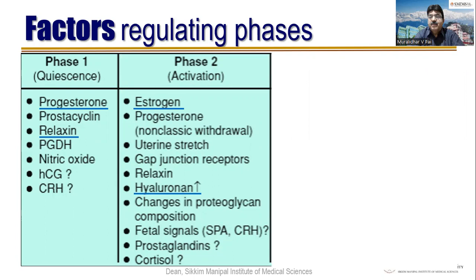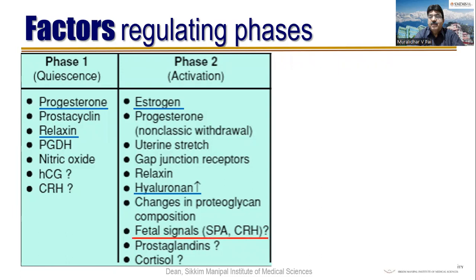Now, estrogen, yesterday I was explaining this, towards the end of pregnancy, in that particular time of the term pregnancy, the ratio between estrogen and progesterone changes in favor of estrogen. So that is the one which actually makes the uterus respond to the uterotonics. I'm going to explain this a little more in subsequent slides.